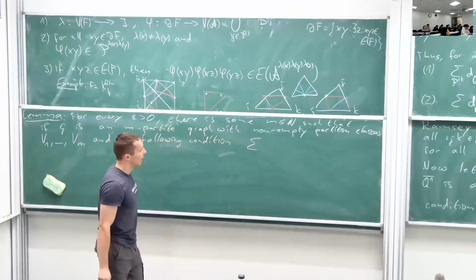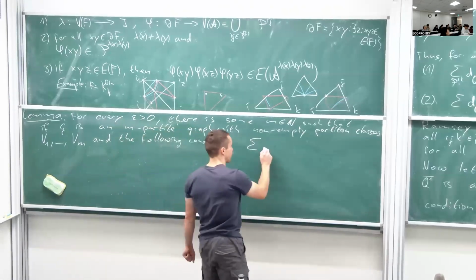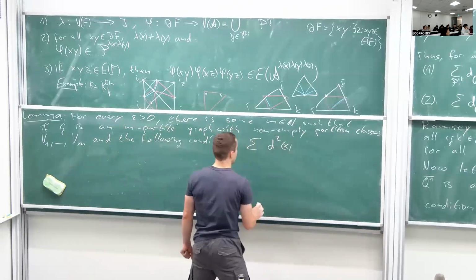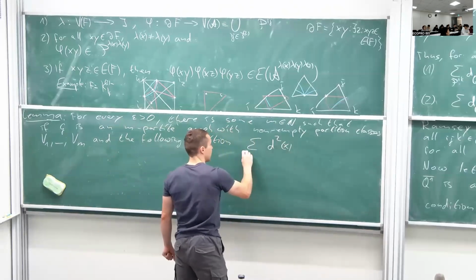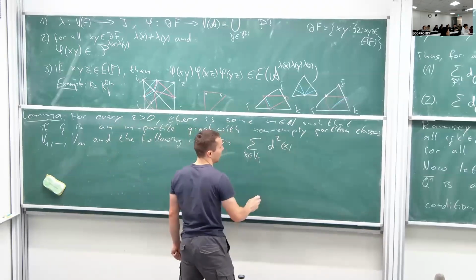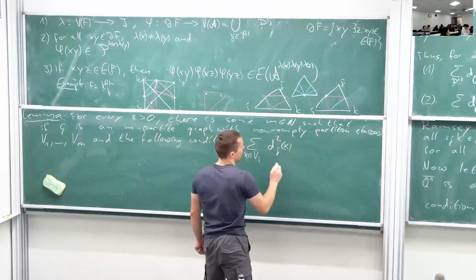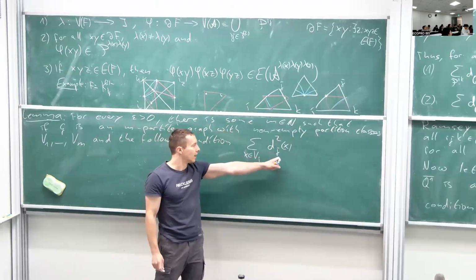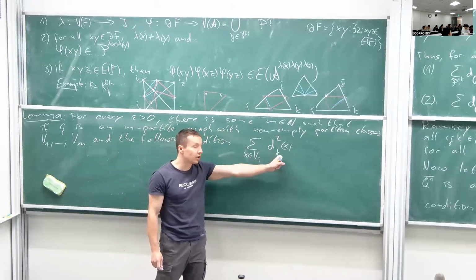So when we sum over the degree squared over some partition class Vi, then by dj I just denote the degree into the partition class Vj.